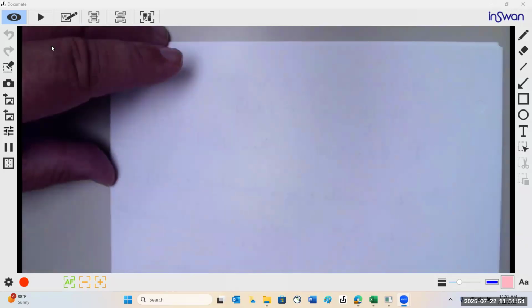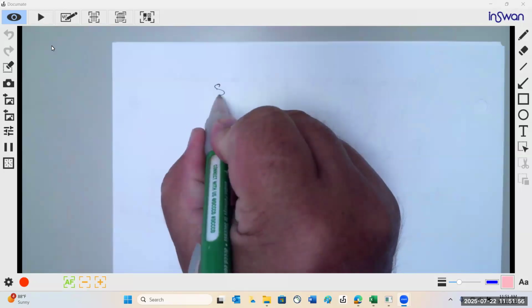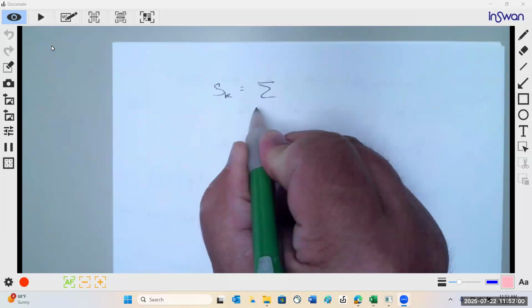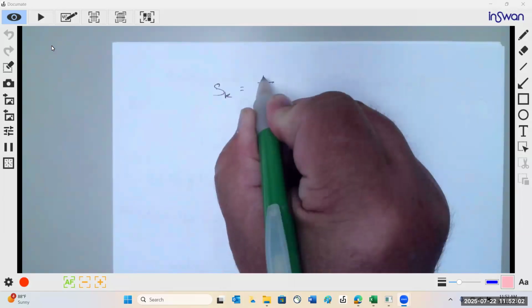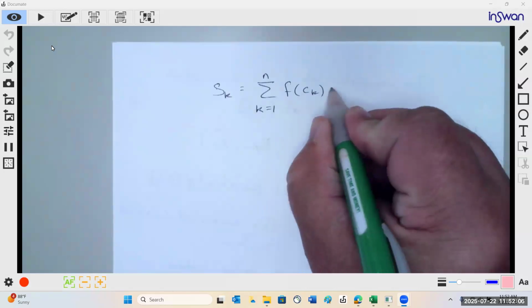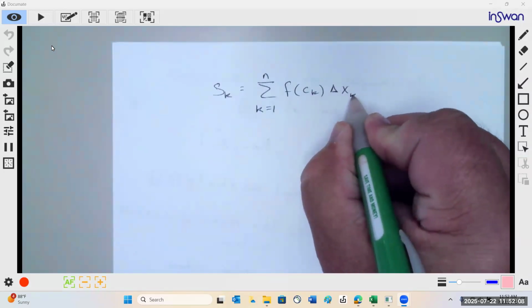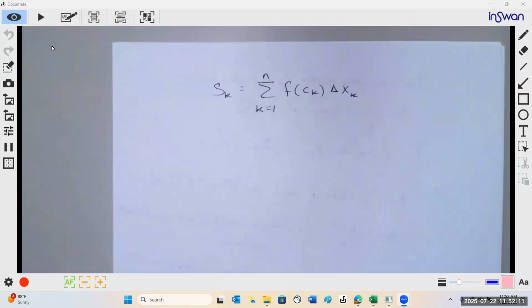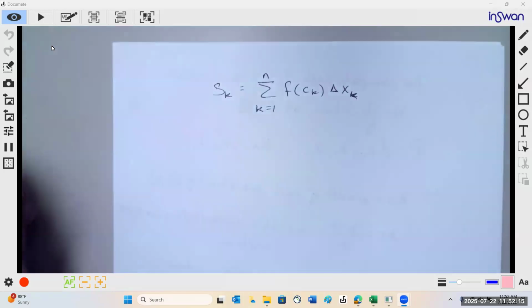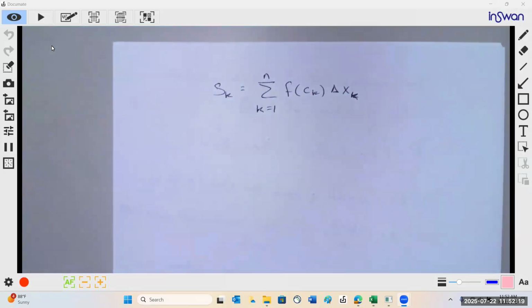Let's take a little deeper dive into it. So S sub k is equal to the summation of k equals 1 to n of my function at some c sub k, delta x sub k. Now, the reason I put delta x sub k is because now we're going to take it one step further.